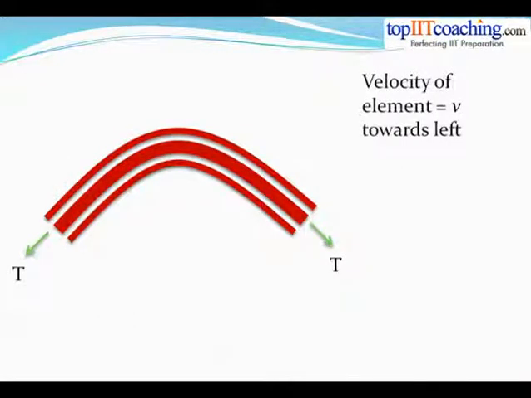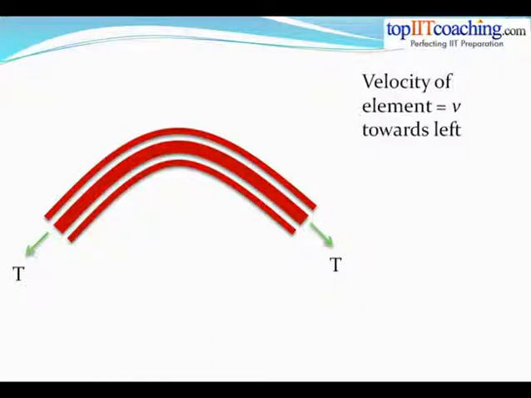Here it is. What are the forces acting on this small string element? There's of course tension from the other parts of the string, and the velocity of this element is v towards the left. Why is the velocity v? Because as I said, we're performing all our calculations from the frame of a man who is moving at a velocity v to the right along with the wave.